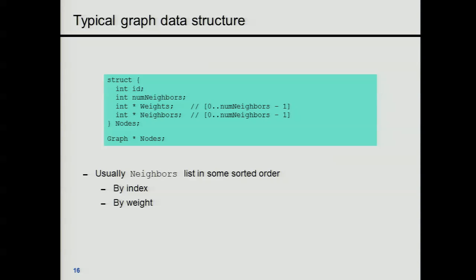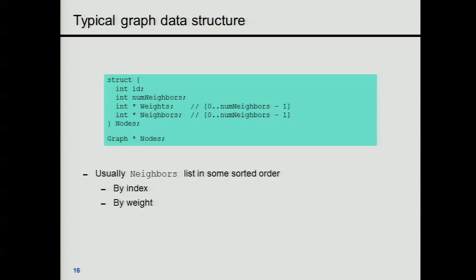Okay, all right. So let's just get to the Dataflow version. A typical graph structure looks like this. This is what I was answering the question. So a graph is basically an array of nodes. Each node is a structure. There's an ID. Typically, we store the number of neighbors for that node as an integer value. Maybe the weights of each of the edges to each of the neighbors is represented by an array of weights.